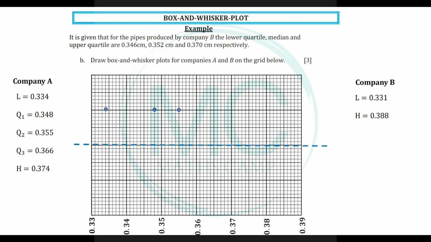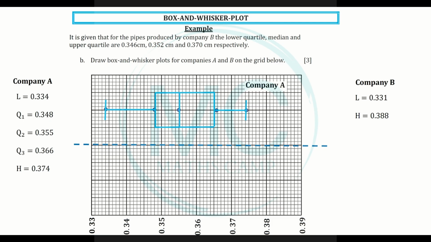That will sit about here. And the highest value, 0,374, which will sit there. Now I can draw my box, draw in my left tail and my right tail. You need to make sure that your marker knows which company each box is for. So let's label this as company A.